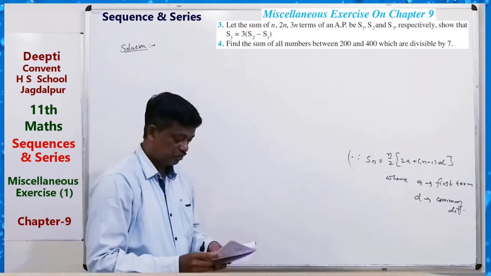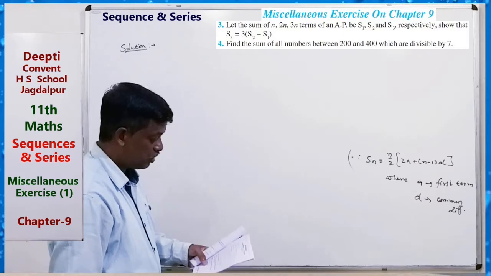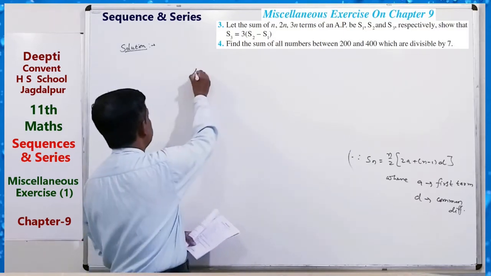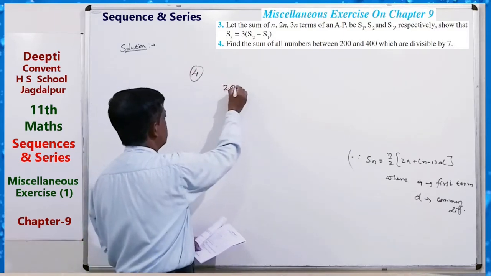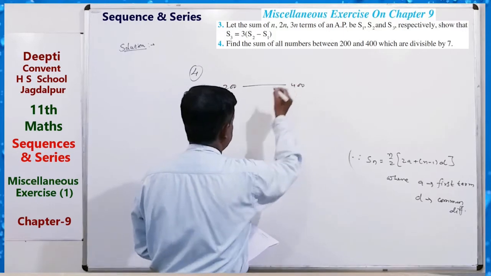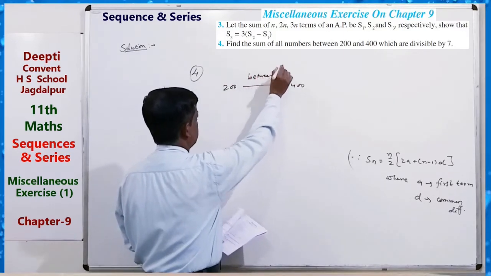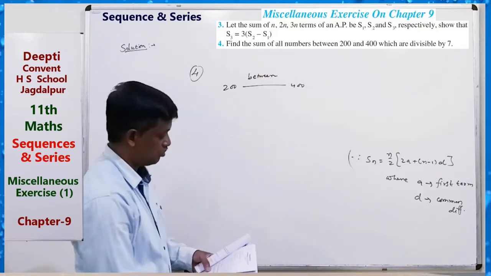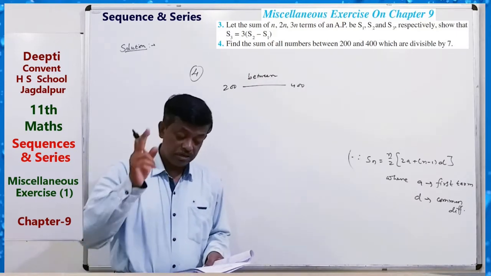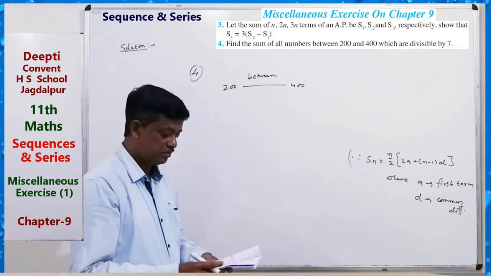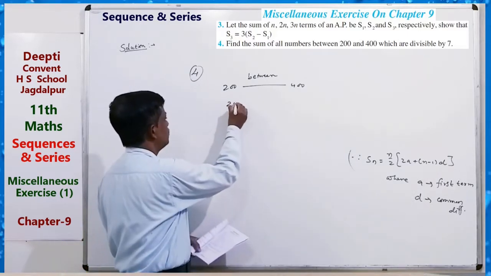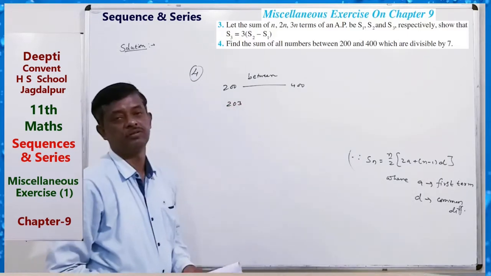Here in question 4, between 200 and 400, divisible by 7. Between means not 200 and not 400. The first number divisible by 7 after 200 is 203. You can see this is divisible by 7.